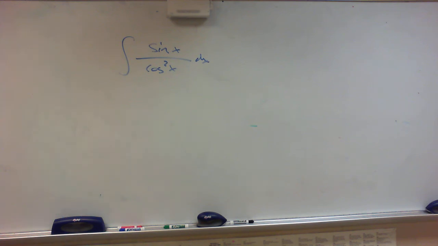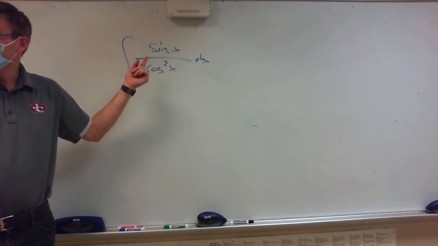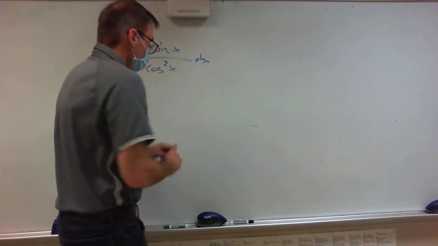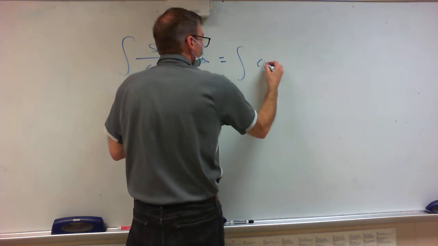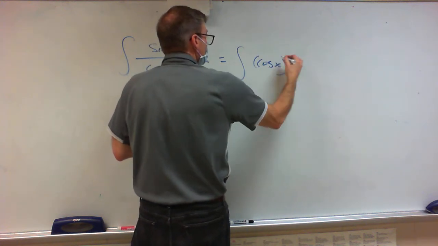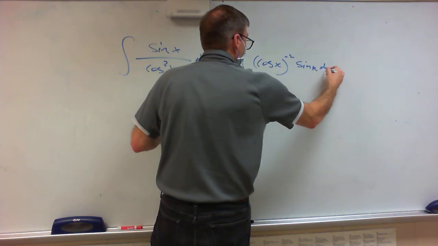No. When you have cosine with the squared up there, isn't it just the whole thing squared? It means cosine of x quantity squared. Now, you don't know the quotient rule. You never will. Could we rewrite this so it doesn't look like a fraction? Yeah, you just change that cosine squared to negative 2. So you rewrite this as the integral of cosine x to the negative 2 times sine x dx.